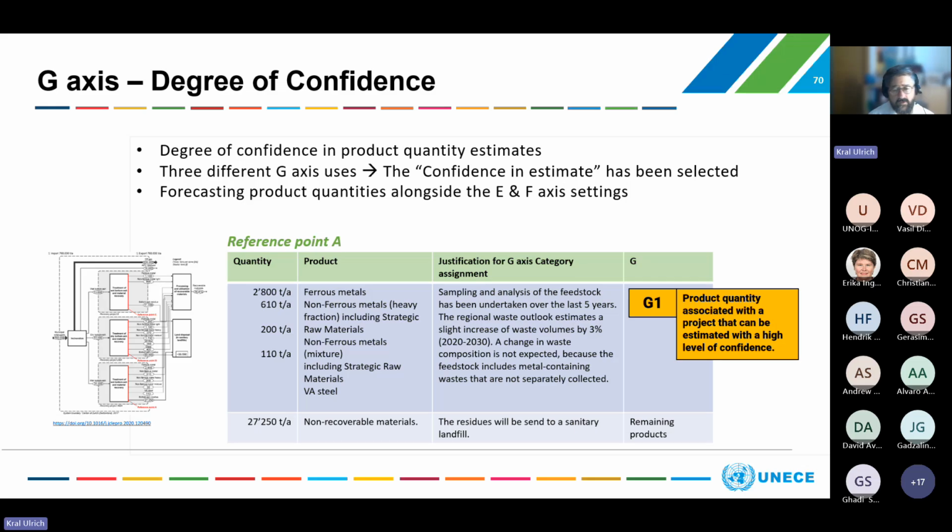And based on your estimate, you feel that this is the G1 category, which says that the product quantity associated with a project can be estimated with a high level of confidence. There's also a moderate level of confidence and a low level of confidence. In this case, you feel that the data quality is quite good and the supply is quite stable, so it's fine to have a G1.